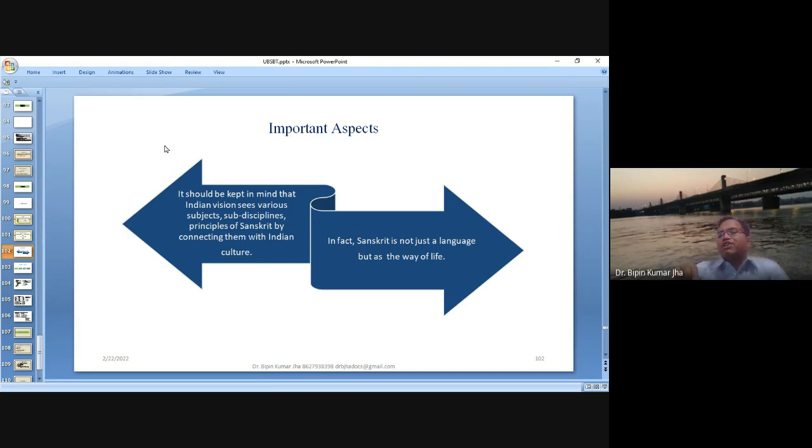The first one is Krishna, and another one is Drupadatmaja. So we need to understand that when the author is giving a specific term, what is the actual notion for that? Why is he using this term?